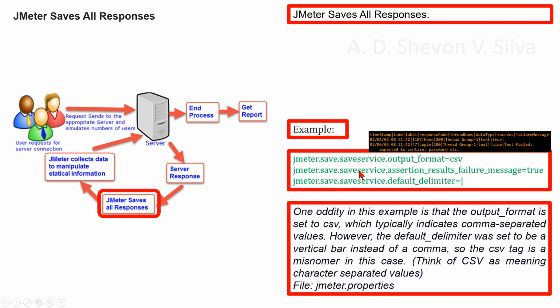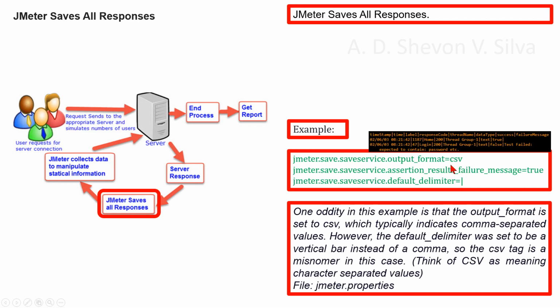Here, jmeter.save.saveservice.output_format. This section helps to determine how results will be saved. The commented out values are the defaults.